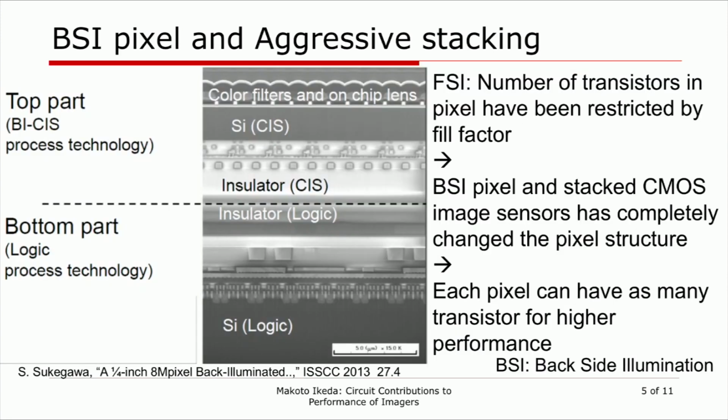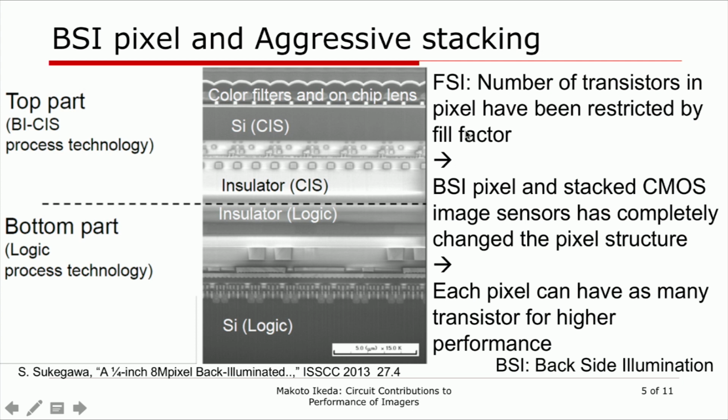This shows a backside illuminated pixel with stacking. So the top part is the photo-detecting area with color filters, lenses, and photodiodes. In the bottom layer, you can put many circuits with direct connection from the top layer to the bottom layer.